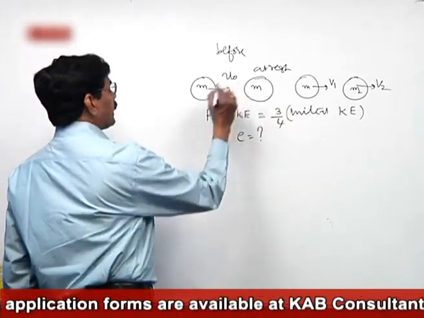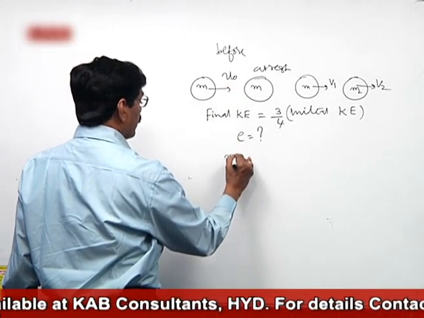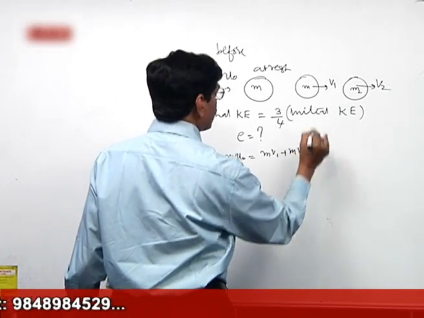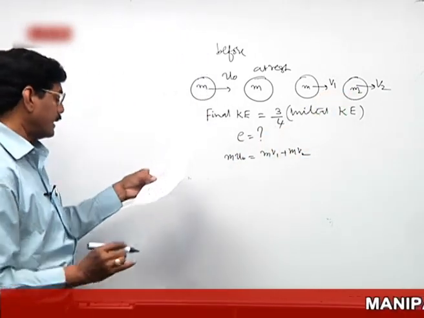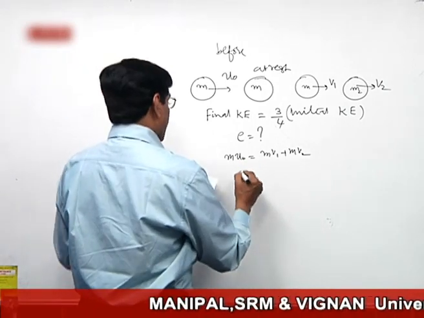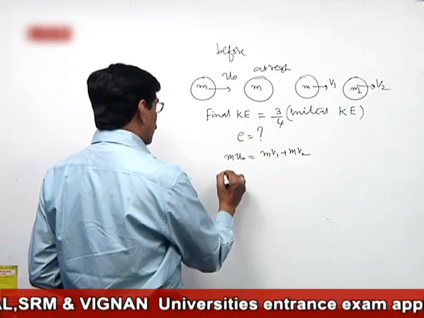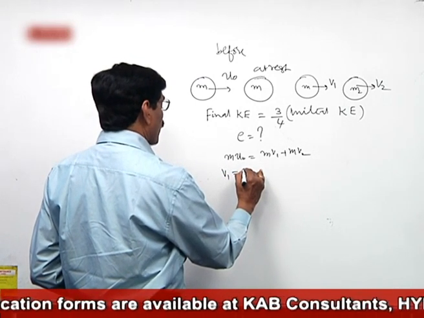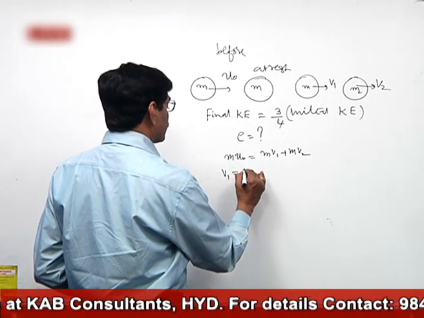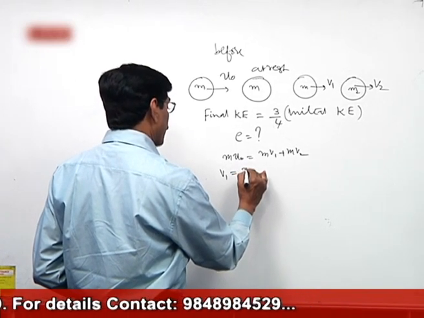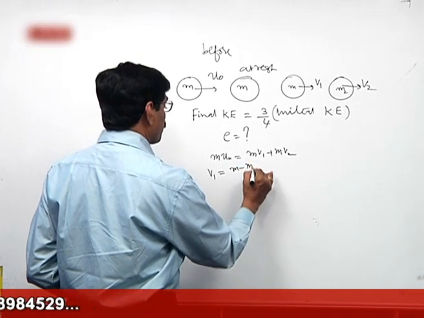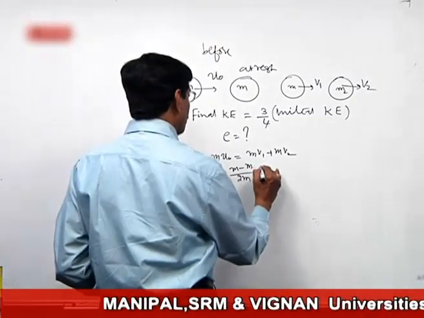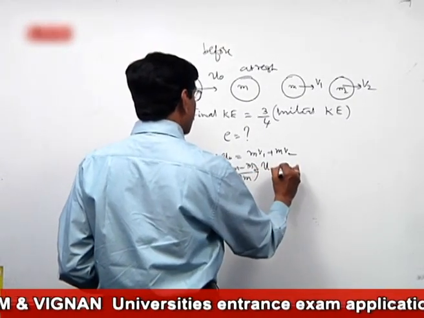From this, one equation is conservation of linear momentum: initial momentum m u0 is equal to m v1 plus m v2. For an elastic collision, v1 is given by the (m1 minus m2) formula, that is (m1 minus m2) divided by (m1 plus m2), and 2m into u0.